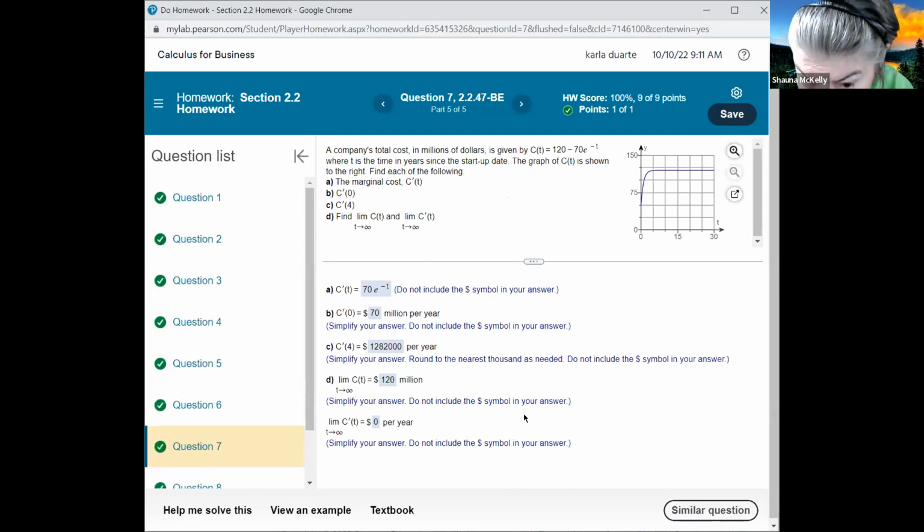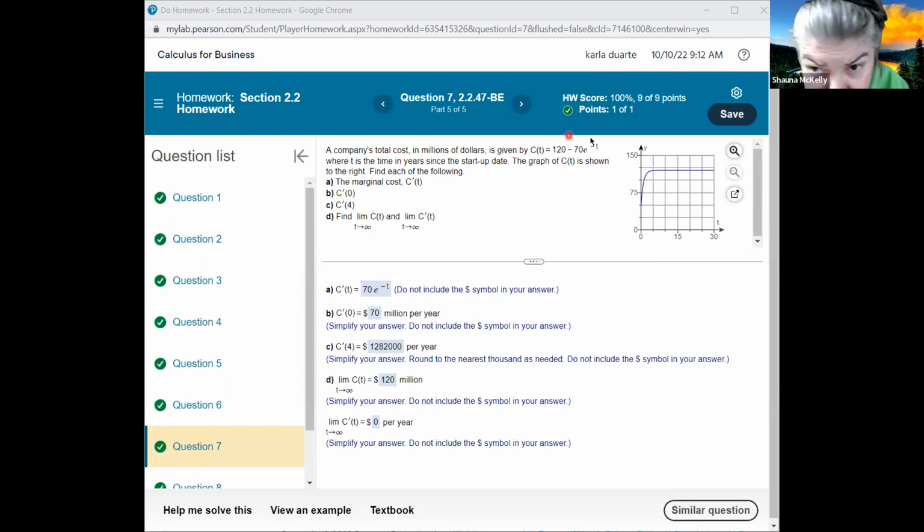This is important here. This gets a little tricky later because of the way they ask questions. It's not tricky in doing the problem necessarily, but it's tricky in reading it, because later sometimes they ask you for dollars, sometimes they ask you for million, but this is total cost in millions.